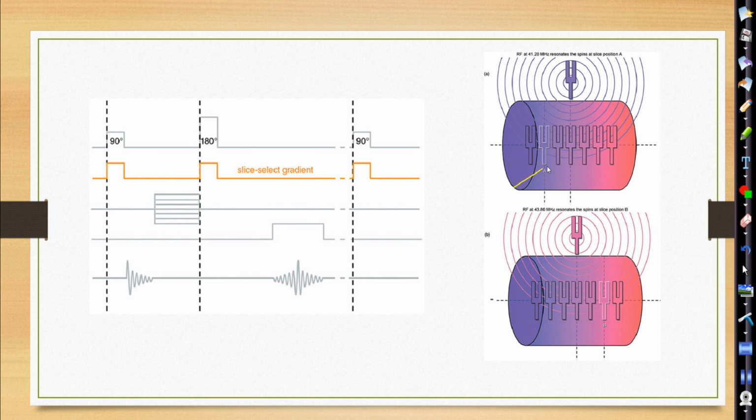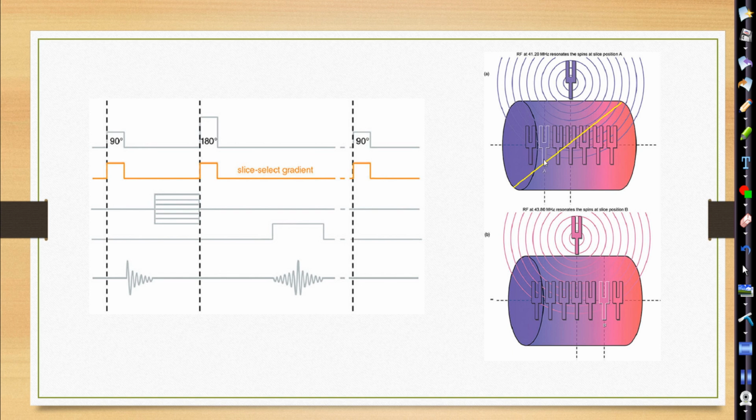Okay? So let me show you the linear slope again. So here's our linear slope. With tuning fork A, do you think we're applying a precessional frequency more or less than 42.57? Less. You see that? Because remember, this is the negative side, and this is the more positive side.